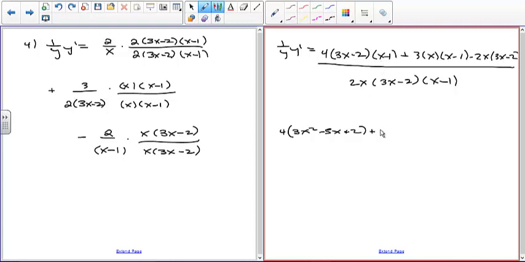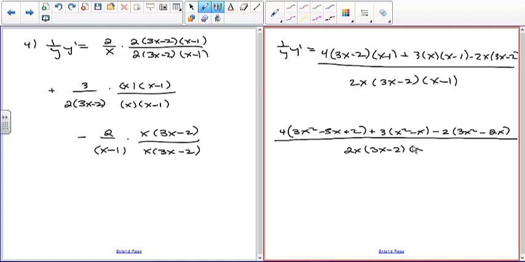The next one will be 3 times x squared minus x. And then the final one will be 2 times 3x squared minus 2x. And that's all over 2x times 3x minus 2 times x minus 1.